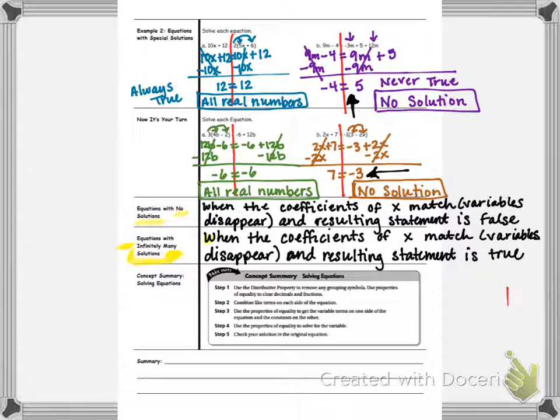So when it is a true statement, the coefficients match and they cancel each other out, but you have a true statement such as negative 6 equals negative 6 or 12 equals 12. When you wind up with those types of true statements, it is infinitely many solutions, aka all real numbers.